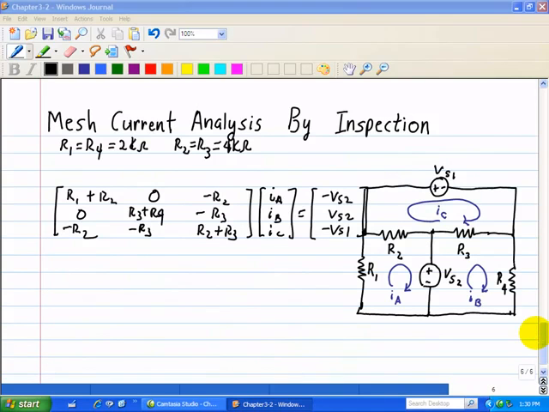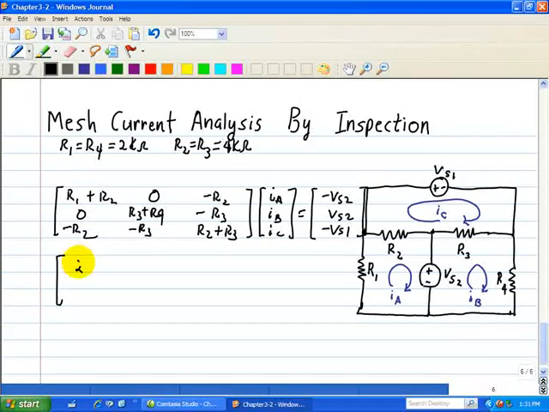Now let's assign some values to this circuit that we just did by inspection. Here we have R1 and R4 equal to 2K, and R2 equal to R3, which is equal to 4K. So we'll just substitute here. R1 plus R2 is equal to 2K plus 4K, and then we have 0 here.